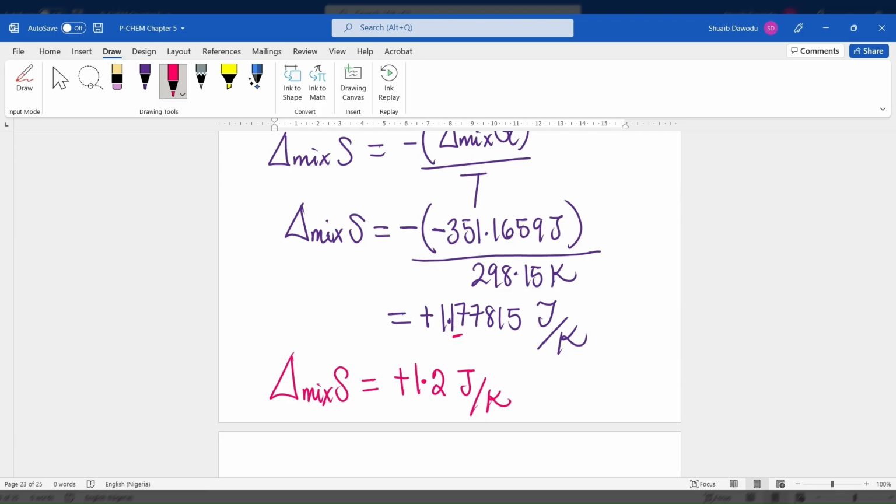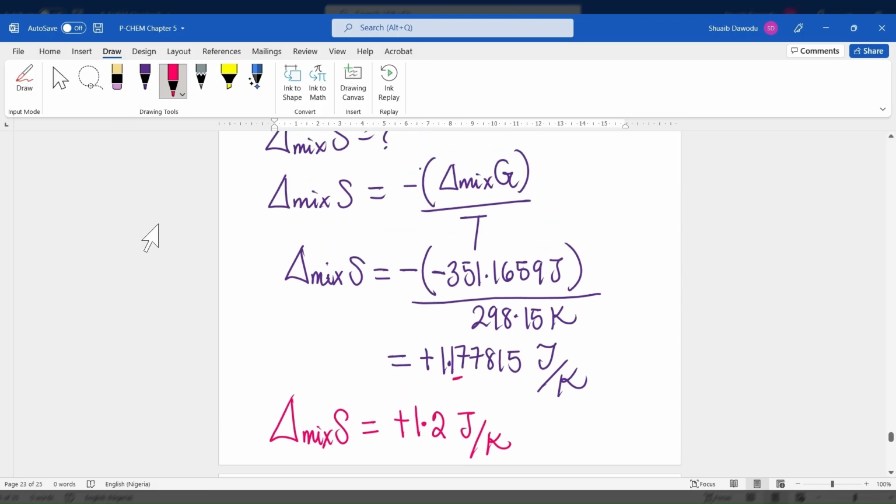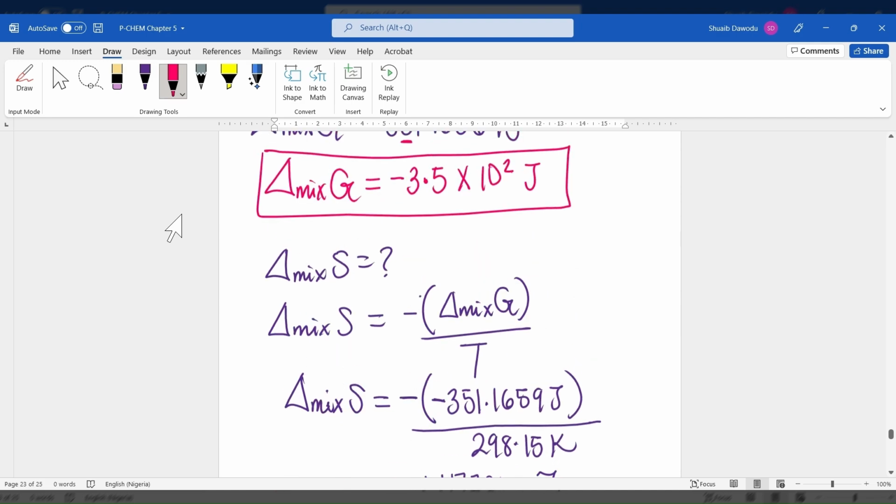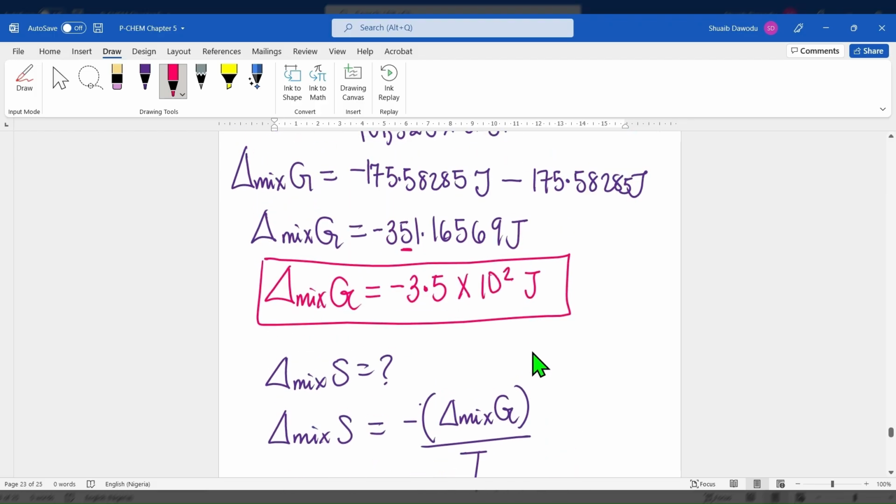I want to quickly mention something for those of you who do not know. You can see that in this situation I made sure to use the raw values rather than the approximated value of negative 3.5 times 10 to the power of 2. I used the raw value of negative 351.16569 purposely, because whenever you're solving chemistry or science questions generally, you have to keep using the raw value so that you can get your final answer as precise as possible.